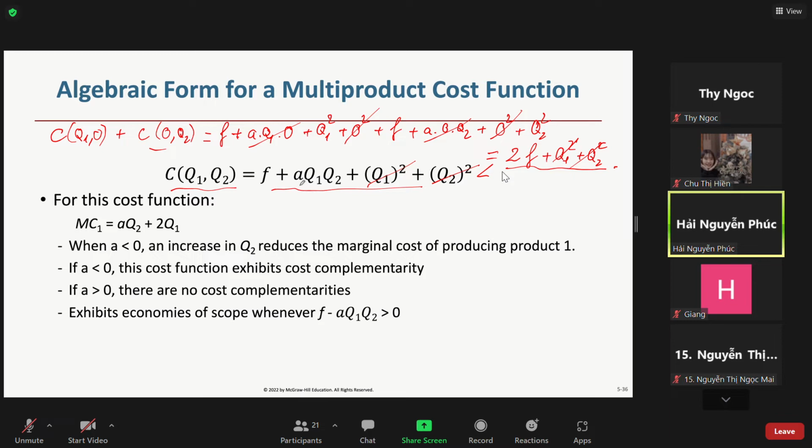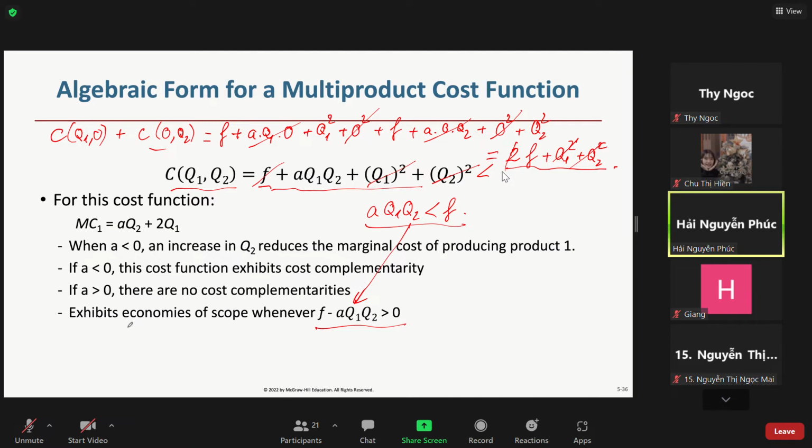So what do we need? F. We need A Q1 Q2 to be smaller than F, right? And that's why finally we get this one.